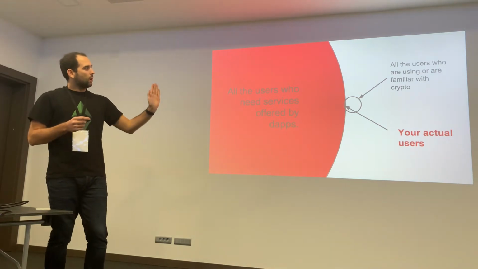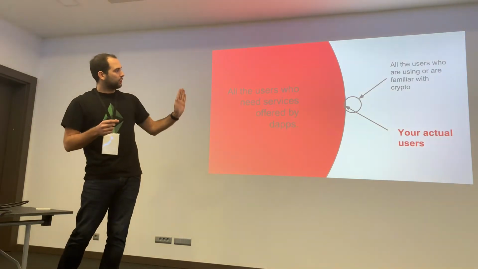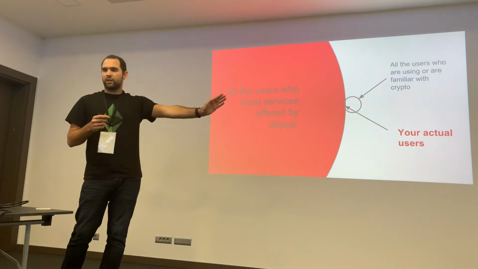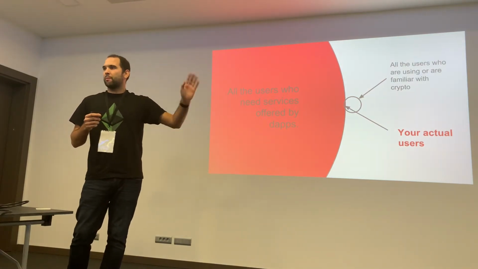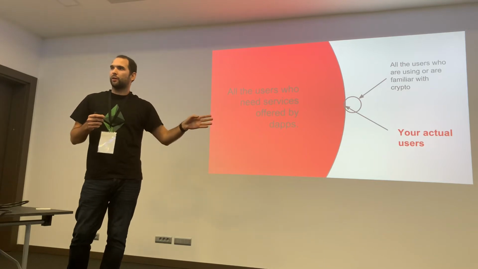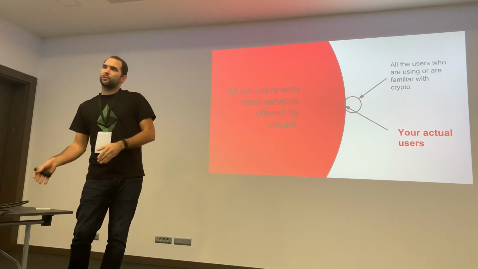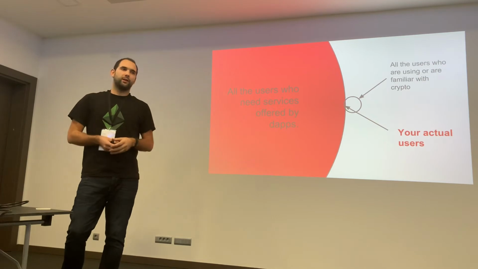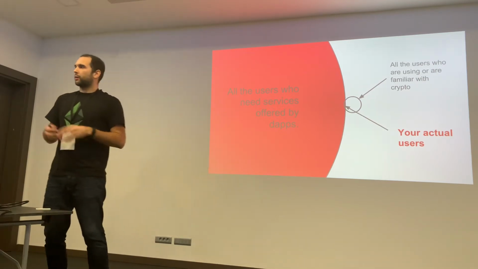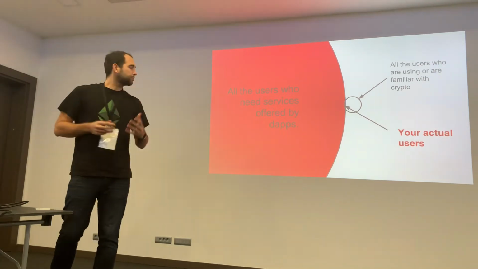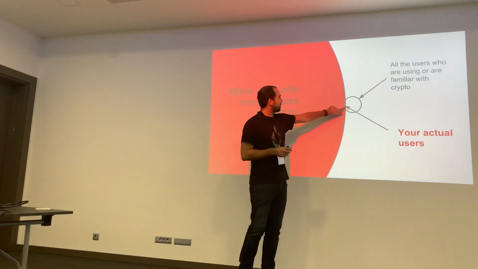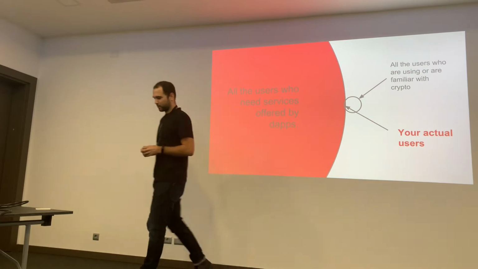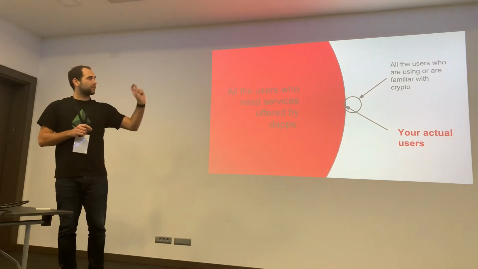And of course, all of these people who are not in the red field are just the regular cryptocurrency chronic gamblers that are users of crypto. And your dApp is not for gamblers, it's for something more useful, like ENS domains or Oregon companies or whatever. So you're basically targeting this tiny patch of people here.